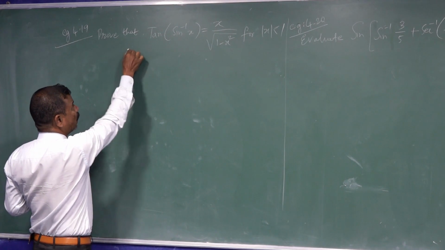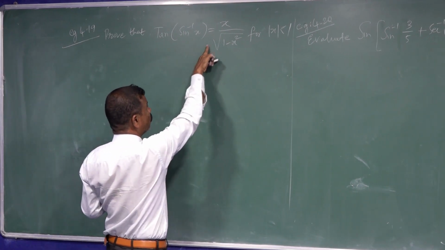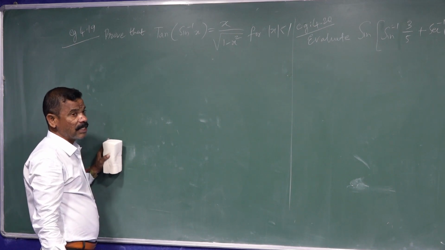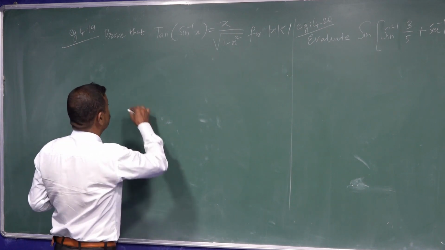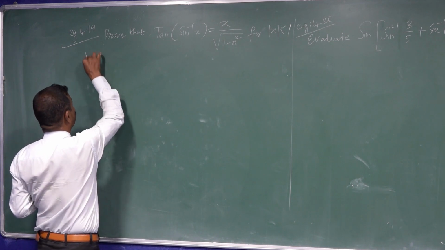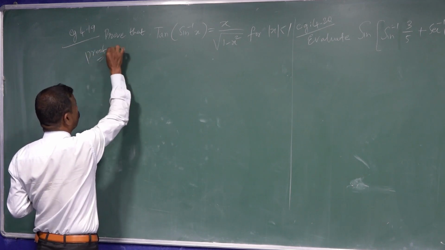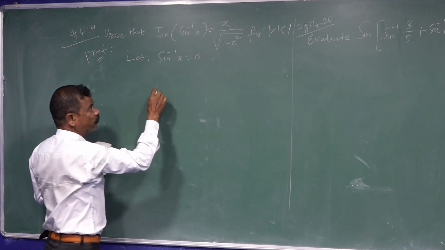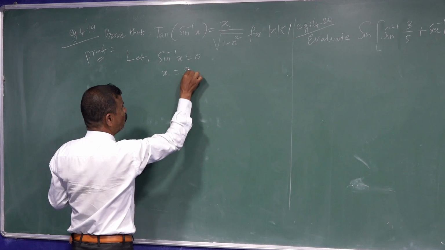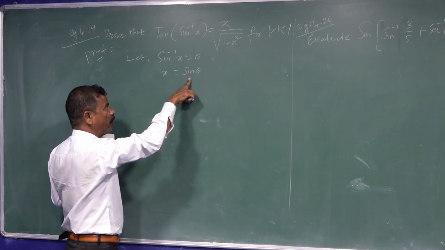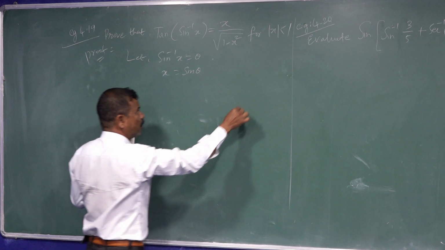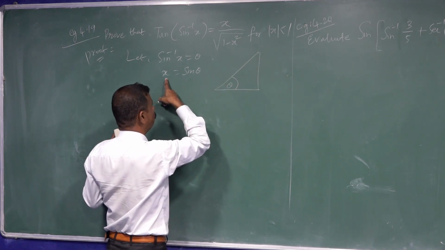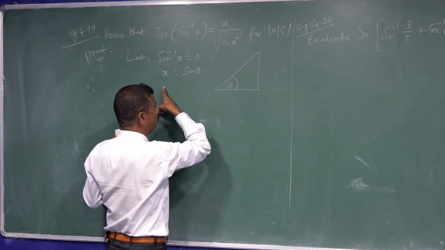4.19 example: prove that tan of sine inverse x is equal to x by under root of 1 minus x square, given mod x less than 1. Here is the proof. Let sine inverse x be equal to theta, then x is equal to sin theta. Sin theta means x by 1. Draw the triangle. This is theta, x opposite, 1 hypotenuse.